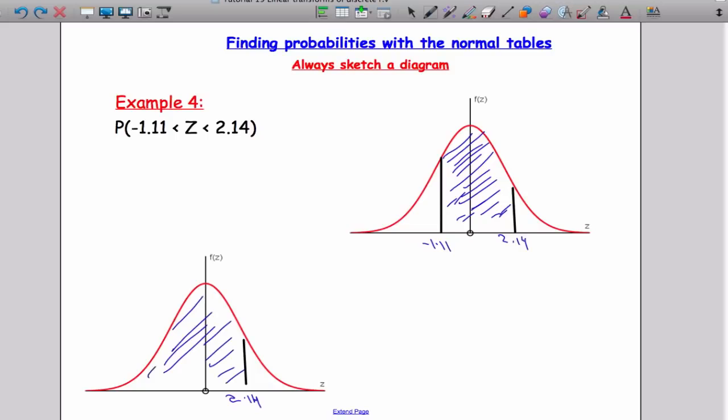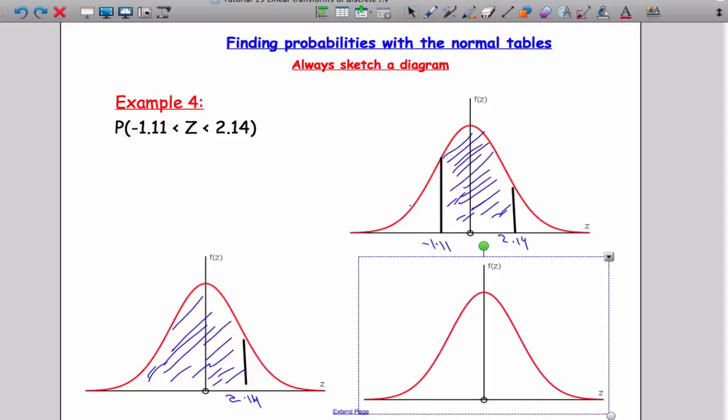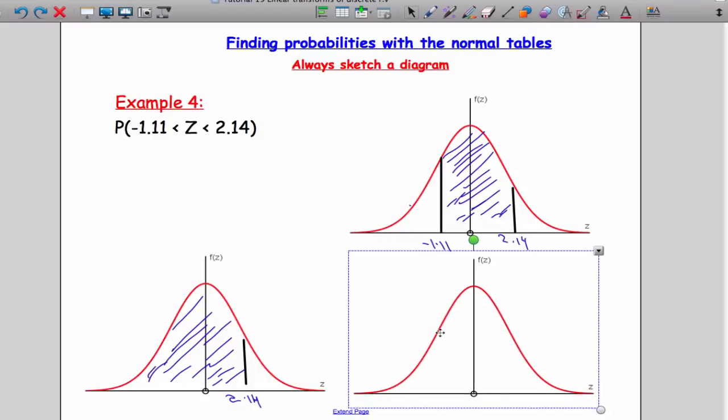There's a section of it I'm not interested in. I don't want this piece here. I need to take this piece away. So again, we're going to use the symmetry of the curve.